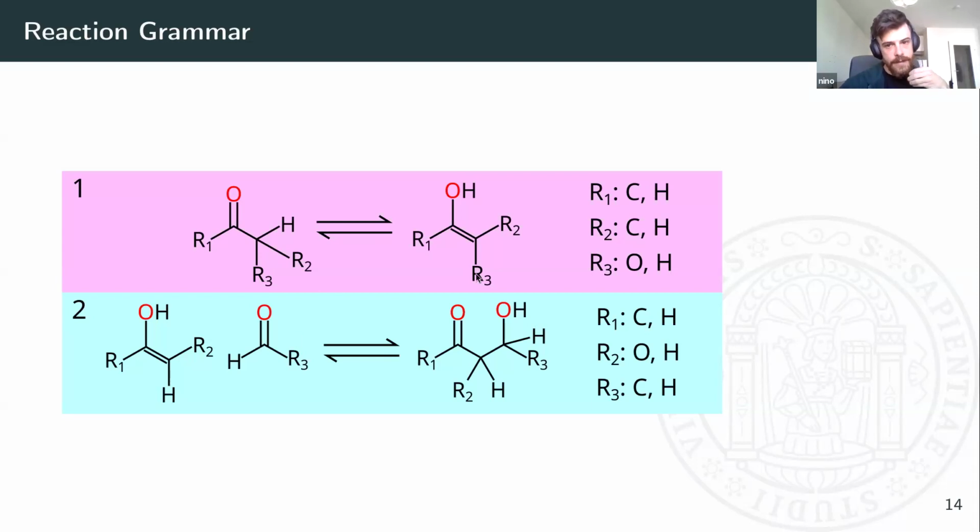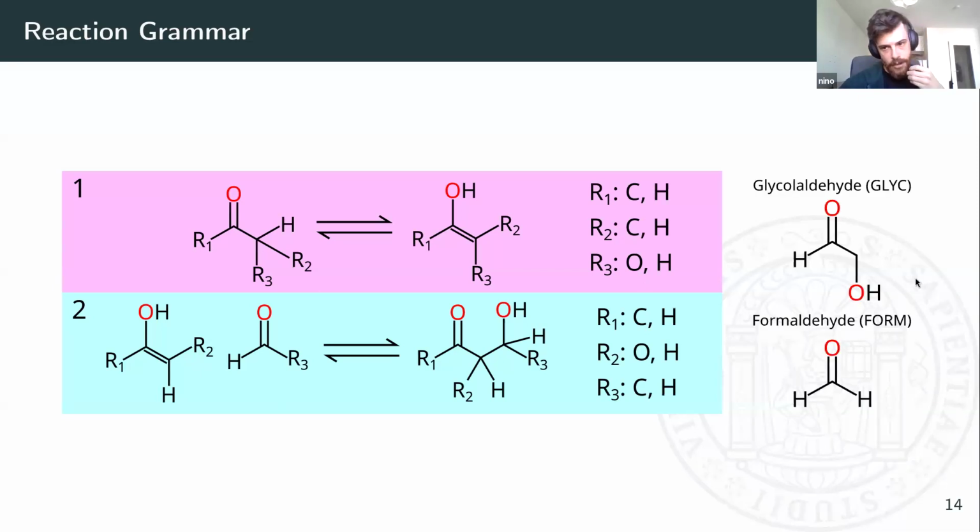To avoid a combinatorial explosion that can easily happen in such a chemistry, you need to also define some constraints. For example, disallowing the possibility for weirdly branched side chains, because otherwise you might end up with a very dense chemical reaction space. And your initially present molecules are glycolaldehyde and formaldehyde.